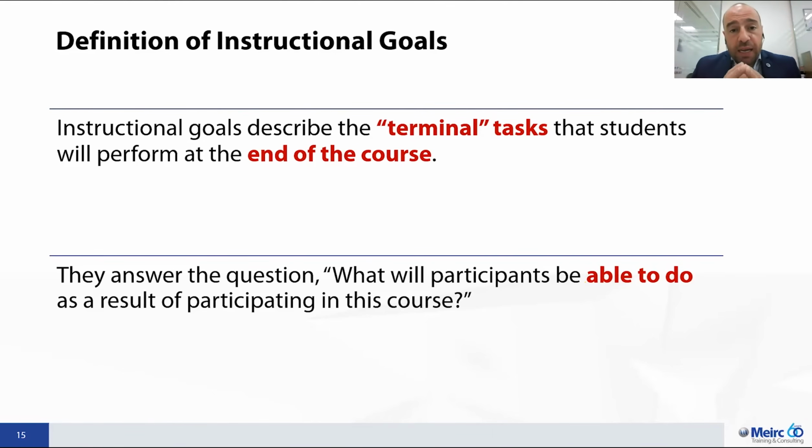I'll ask the question again. Someone goes to the training, they learn something, and then they will go out and they will implement it. They will do it on the job. Whether they do it or not on the job is whose responsibility?